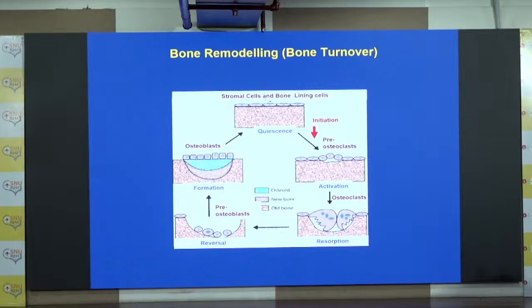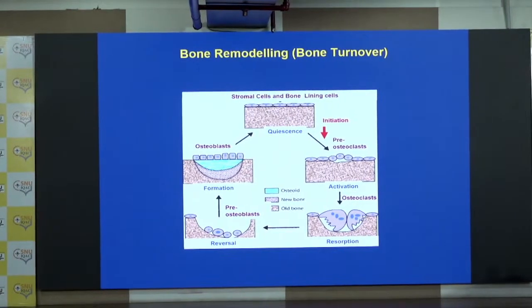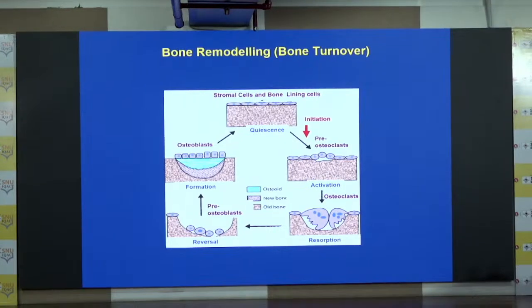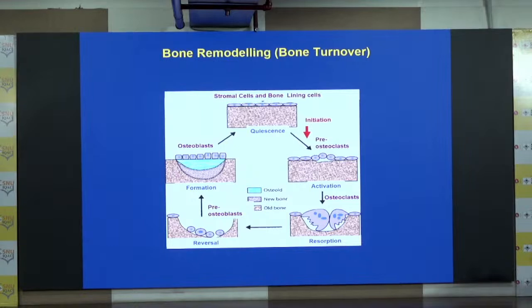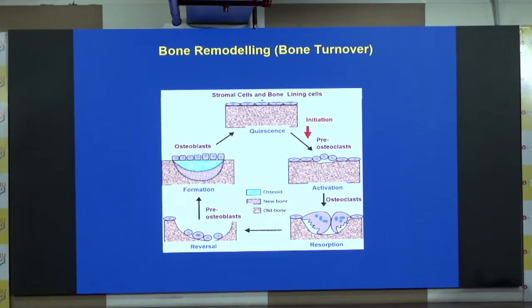Now, the cells of bone carry out a process called bone remodeling. In the initial phase of bone remodeling, there's a quiescent phase of bone where mesenchymal stromal cells and bone lining cells cover the surface of the bone. At the initiation of the bone remodeling cycle or bone turnover, pre-osteoclasts, which are of monocyte macrophage origin, will migrate in.